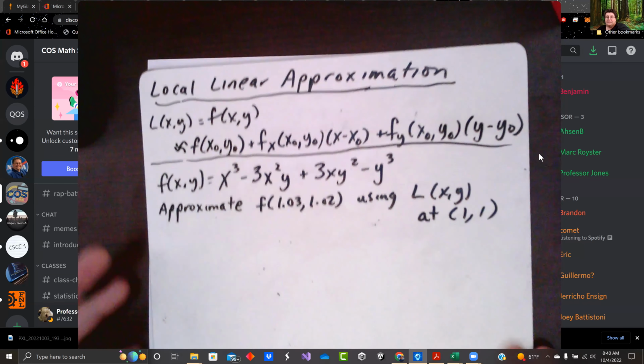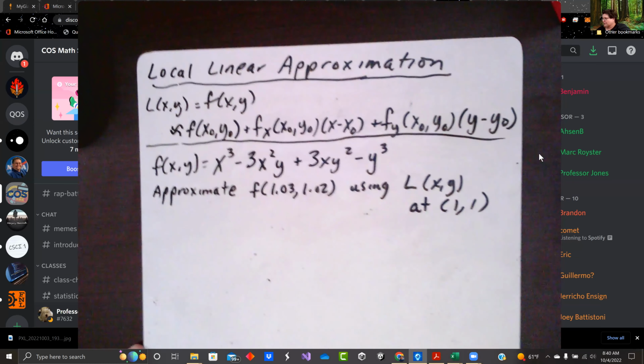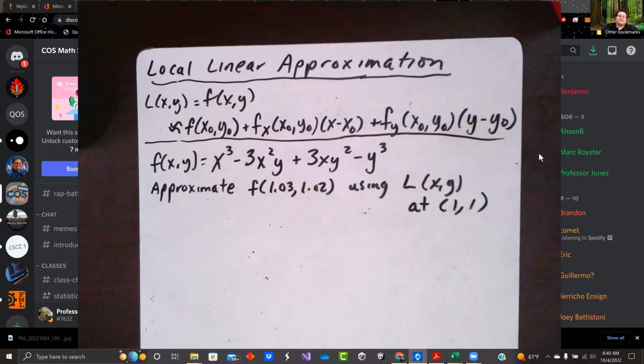This is the formula for local linear approximation. In case you didn't take good lecture notes, I wrote down the formula for you. How do we approximate a function at a nearby point?